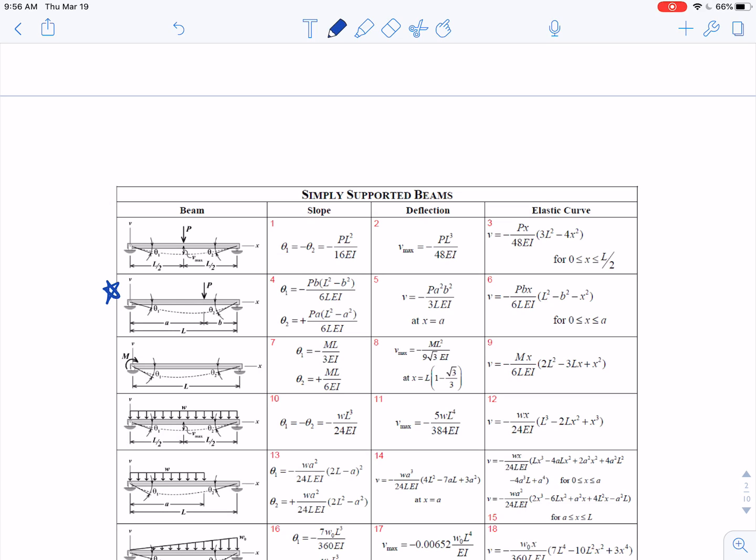So if we were calculating the deflection, you could use equation 6 or 5, but here we only need to calculate the slope at the far end. So we should look at equation 4.